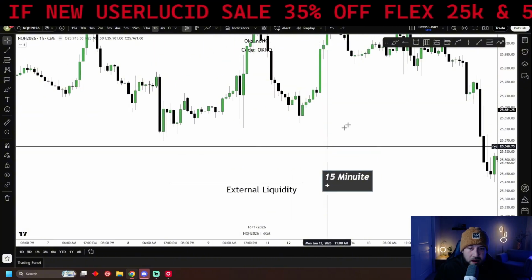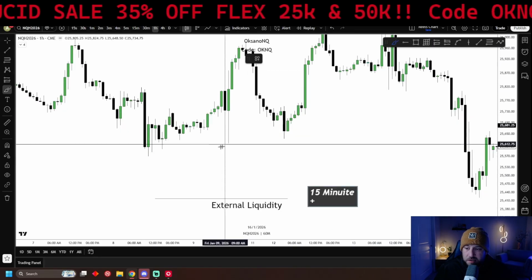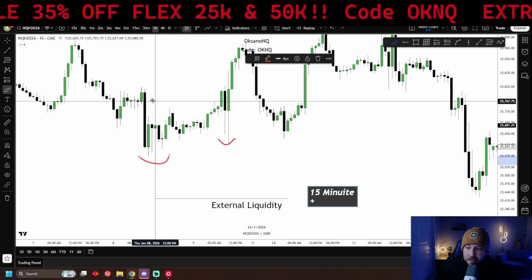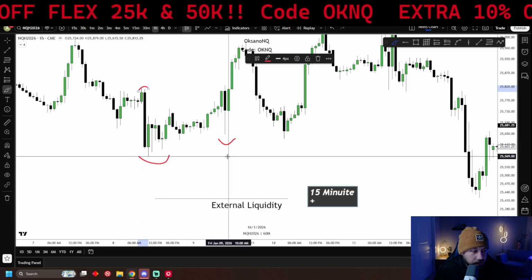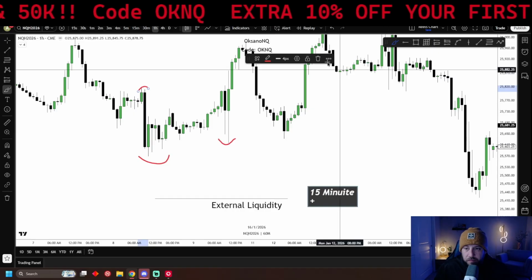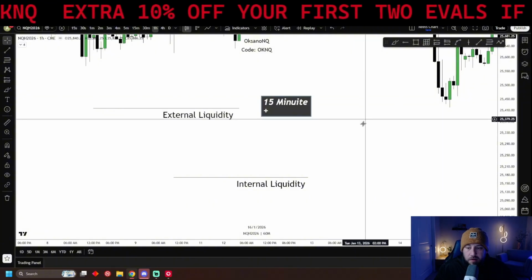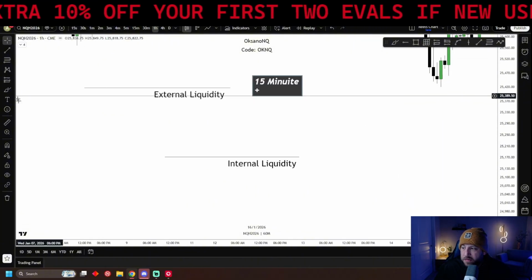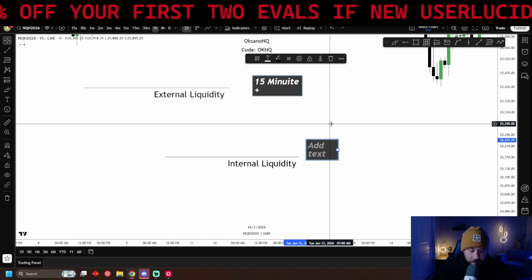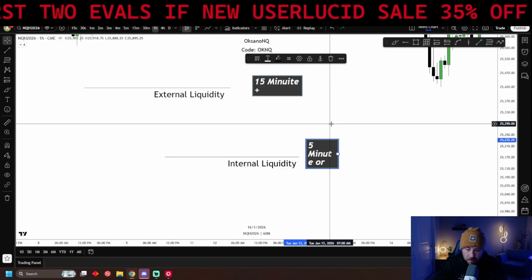Because when I'm zoomed out on anything 15-minute or above, all of these swing highs and swing lows, I'm going to view them as external because they're higher time frame. So then our internal liquidity, right, is 5-minute or lower.